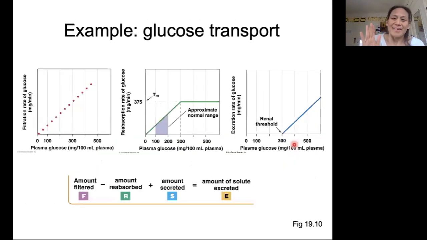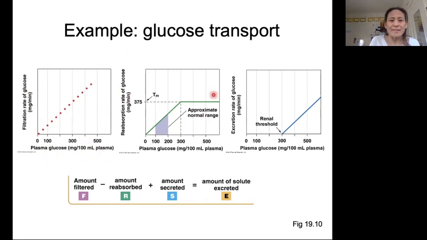Okay, enough of that. So I want to close this discussion of transport maximum with this slide here. Remember that I introduced this mathematical relationship to you where I showed you that the amount of solute that we excrete is equal to the amount that we filter minus the amount we reabsorb plus the amount we secrete. We can actually do that calculation in graphical form, right? So what we're looking at here is filtration rate of glucose relative to plasma glucose concentration.